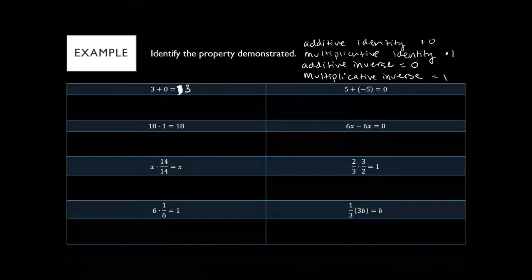So which of the four properties does this seem to go with? We've got the additive identity, multiplicative identity, additive inverse, and multiplicative inverse. You can type into the chat which one you think it is.